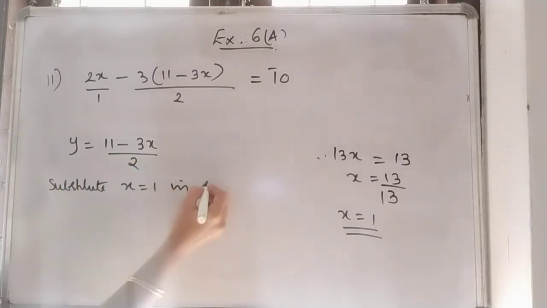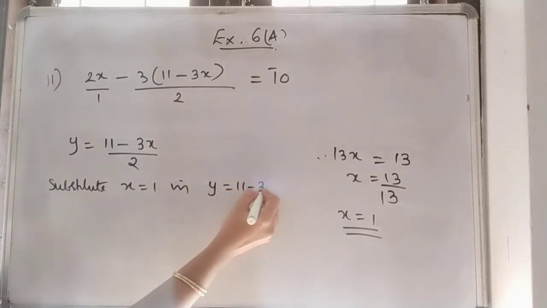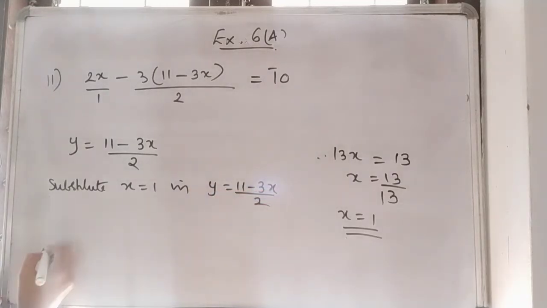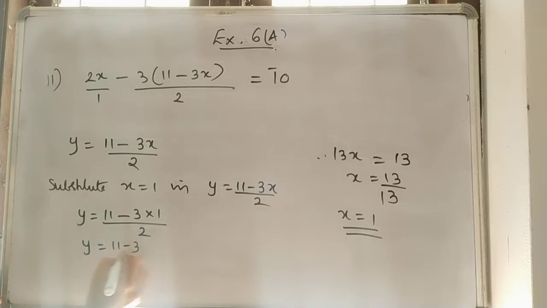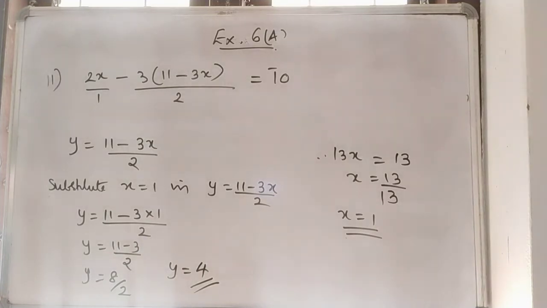We get y is equal to 11 minus 3 into 1, by 2. So y is equal to 11 minus 3 by 2. How much is 11 minus 3? It is 8. Then 8 by 2, so y is equal to 4. So we got x equal to 1 and y equal to 4.